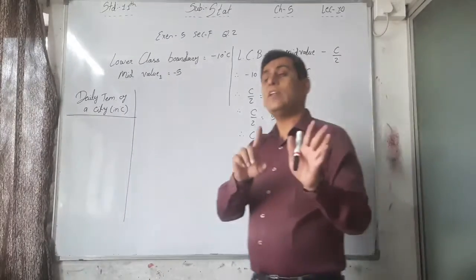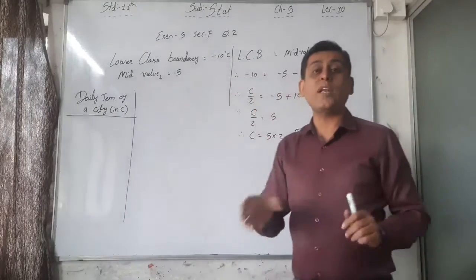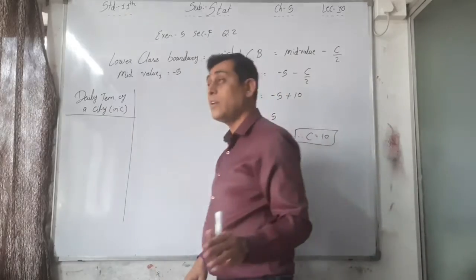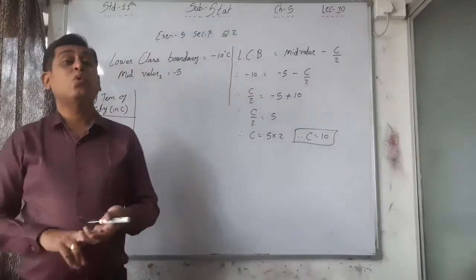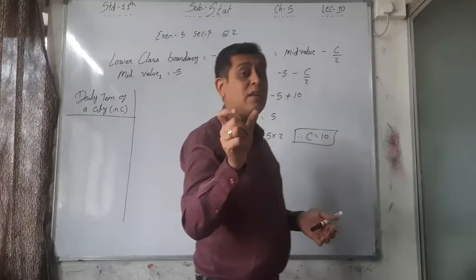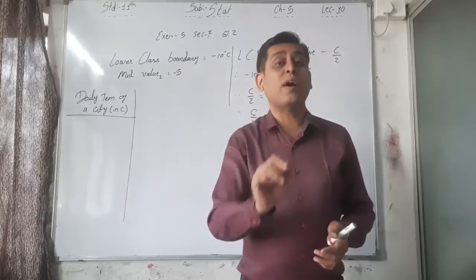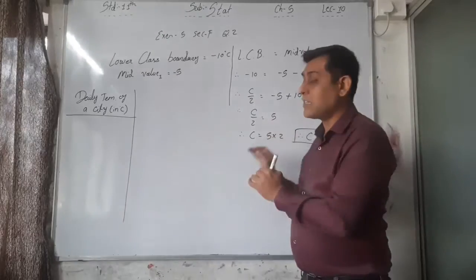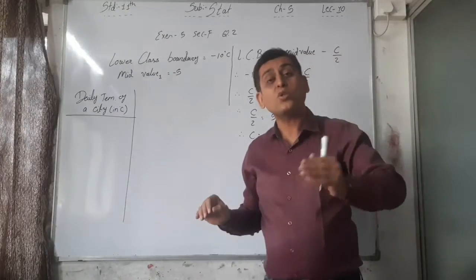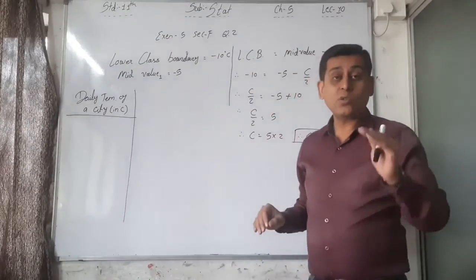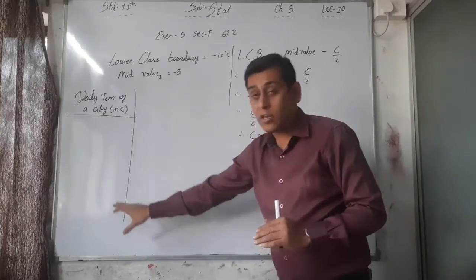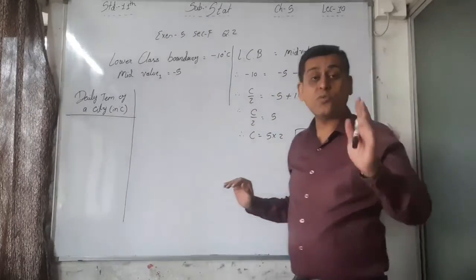Then 12 to 18, the difference is 6. And then 18 to 25, the difference is again 7. So for each and every mid value the differences are unequal, and that's why we can say the class length of each and every class is also not equal. So we have to find out all the classes by using this formula.